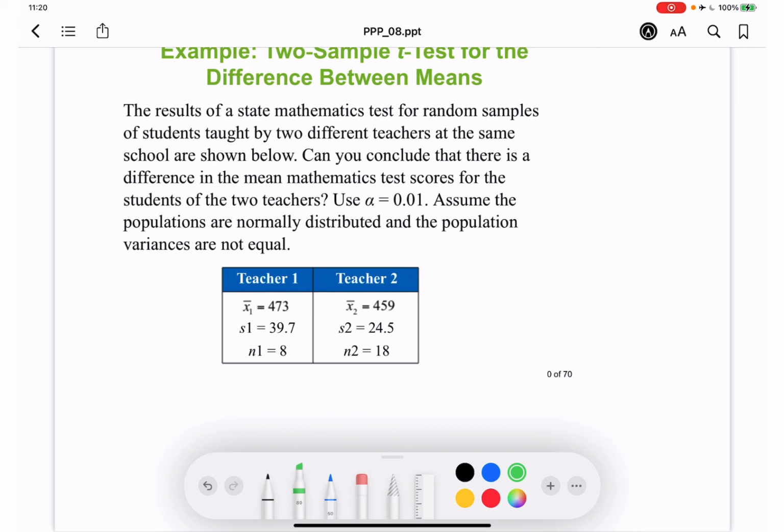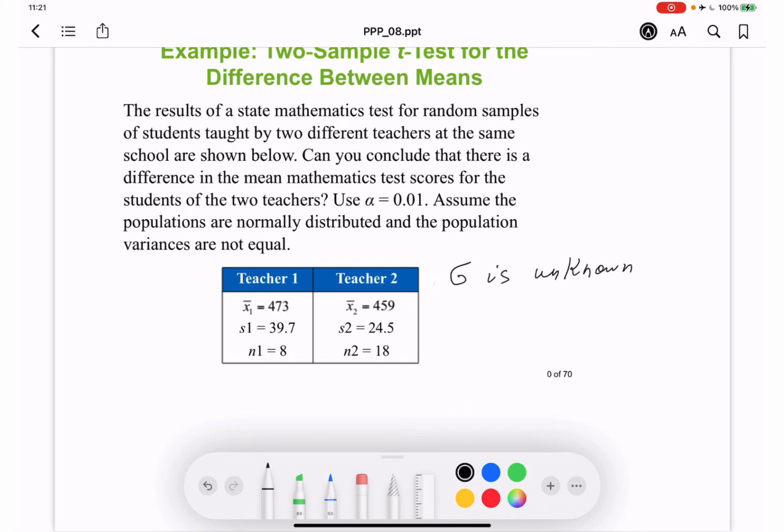The results of a state mathematics test for random samples of students taught by two different teachers at the same school are shown below. So what do we have below? We know that sigma is unknown, right there, right away. Sigma is unknown, right?